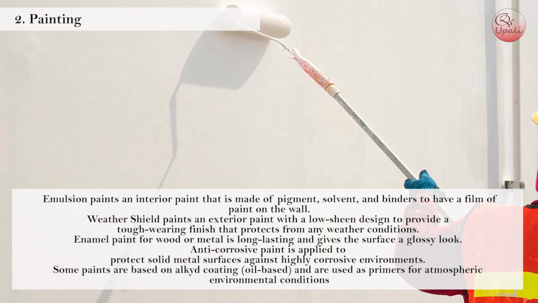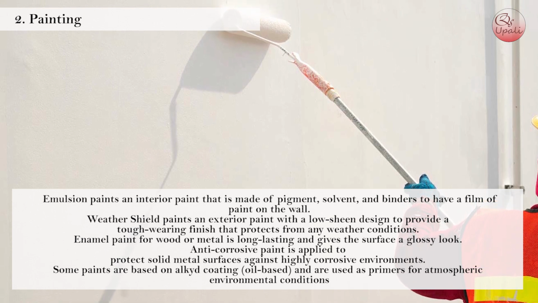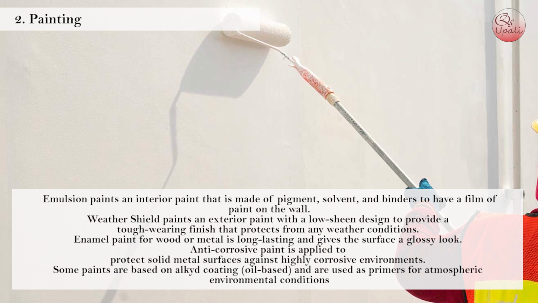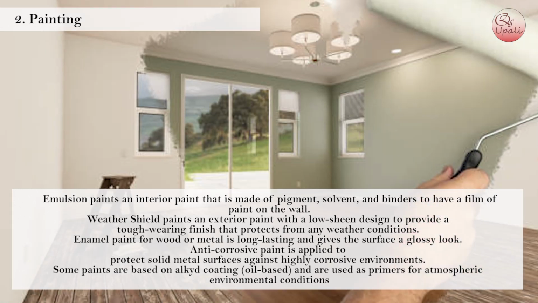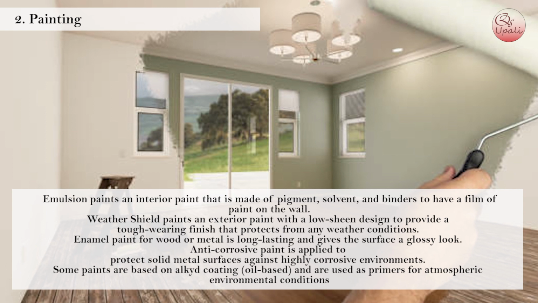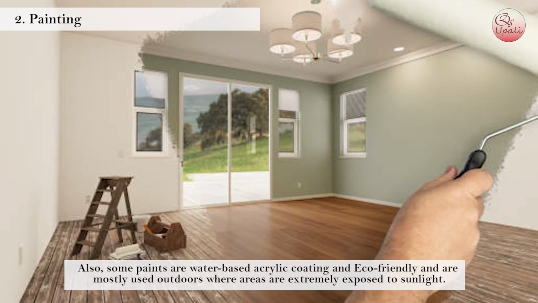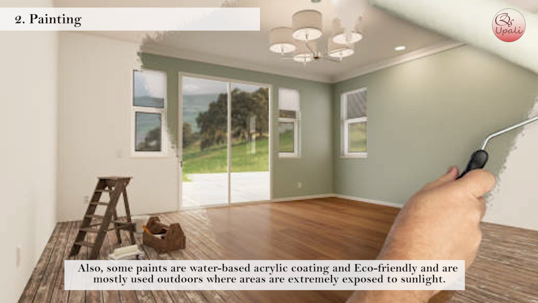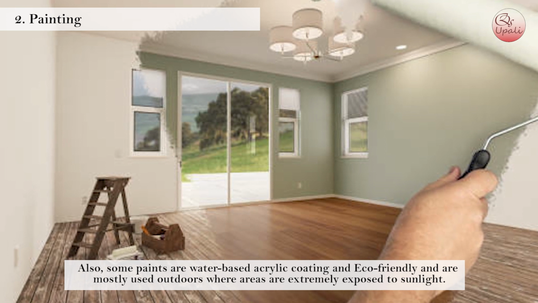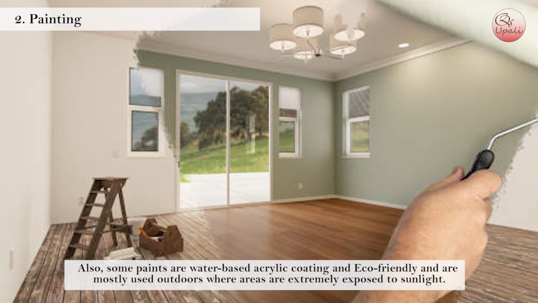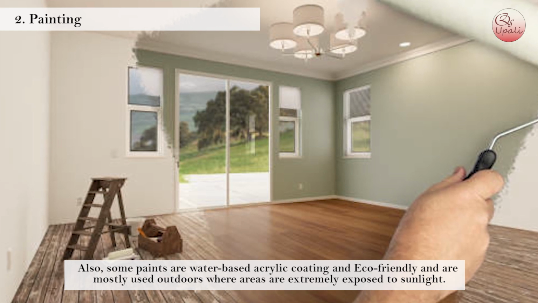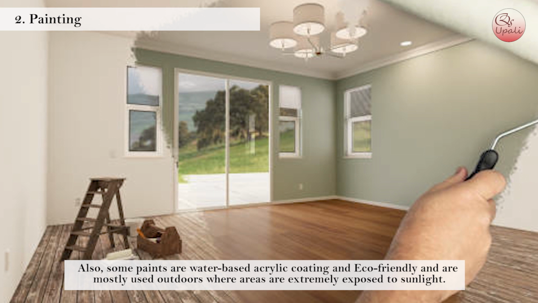Some paints are based on alkyd coating, oil-based, and are used as primers for atmospheric environmental conditions. Also, some paints are water-based acrylic coating and eco-friendly and are mostly used outdoors where areas are extremely exposed to sunlight.